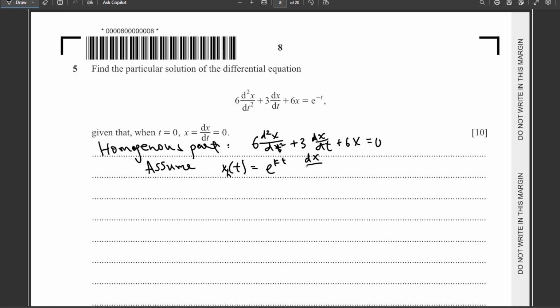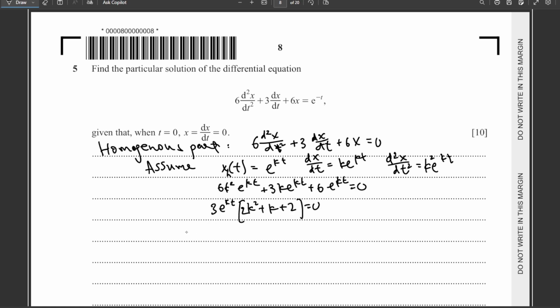That means the first derivative will be k e^(kt), and the second derivative we get k squared e^(kt), and we substitute this into the equation and we can do some factoring.